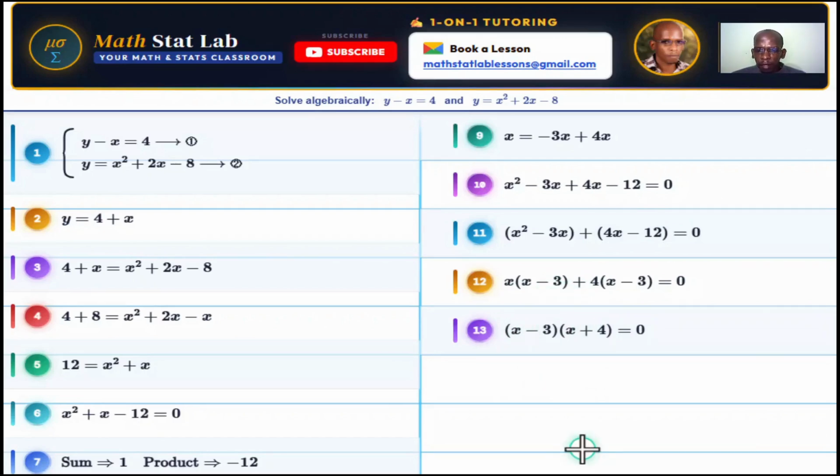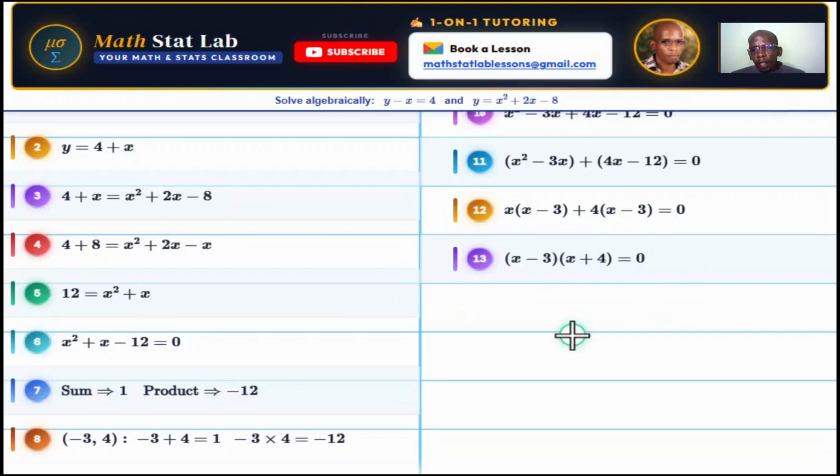Now it becomes x minus 3, and then in the other brackets, x plus 4 is equals to 0. Don't forget our original 0. And from there, I need to say x minus 3 is equals to 0, and also x plus 4 is equals to 0. So in both these expressions, we equate them to 0.